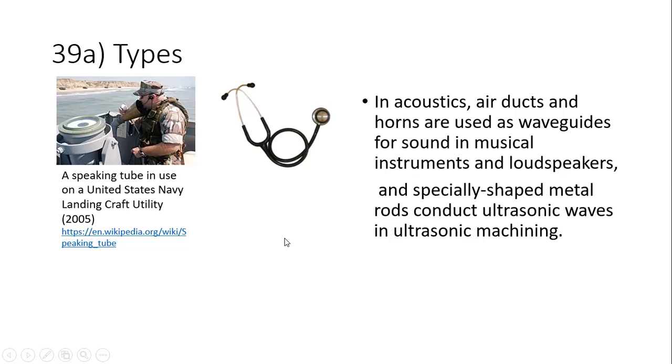And especially shaped metal rod conduct ultrasound wave in ultrasonic machine. Right? This is extra information for you. You don't need to know all this. Or modern stethoscope, listening to internal sound of animal or human body. That's where you put on the body. That's where you put on the ear to listen.